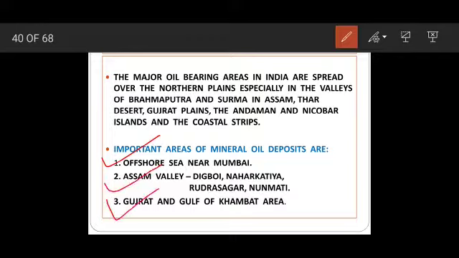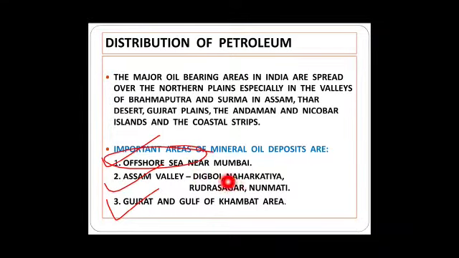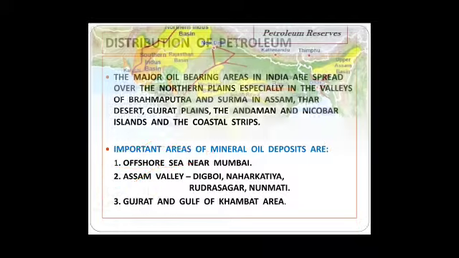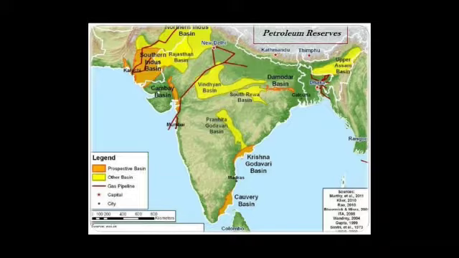Now children, there are two types of areas. Offshore means away from the shore, in the water, and Assam Valley and Gujarat are inland areas where petroleum can be extracted. This is a map of petroleum reserves in India.